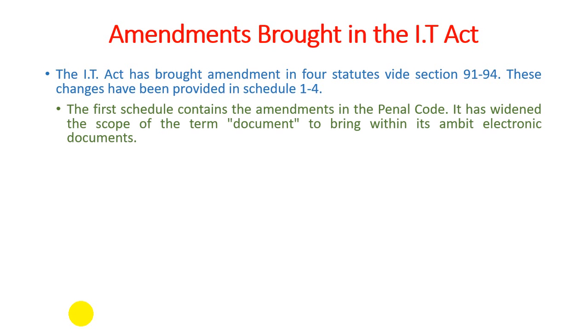The first schedule contains the amendment in the Penal Code. It has widened the scope of the term document to bring within its ambit electronic documents like a digital log. Whatever document is provided by the government, we can easily get as a digital document, and it should be acceptable anywhere in India.